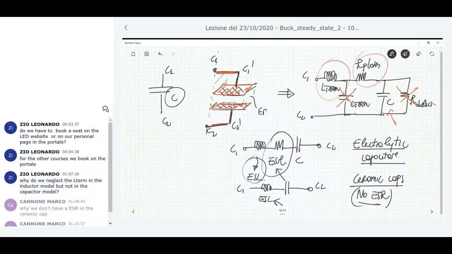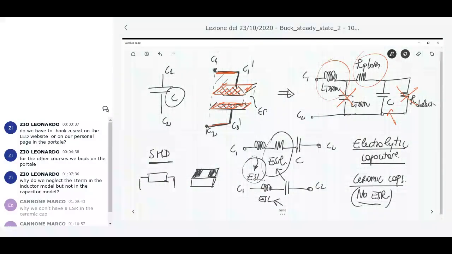Typically, then you also have components that are called surface mount devices, SMD devices. Surface mount devices are devices that have no lead terminals. So they are not components like this one. They have some metallization plates on the sides that replace the need for these leads.